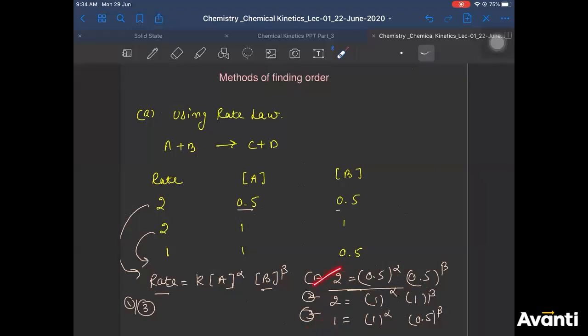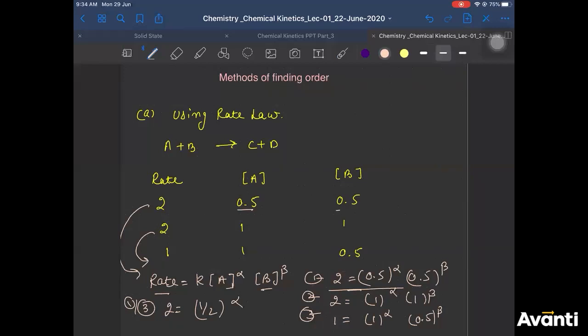If you divide 1 by 3, you'll get 2 by 1. Let us say 2 equal to 0.5 by 1. 0.5 by 0.5 will get cancelled. So 0.5 by 1 is 1 by 2 power alpha. Correct?